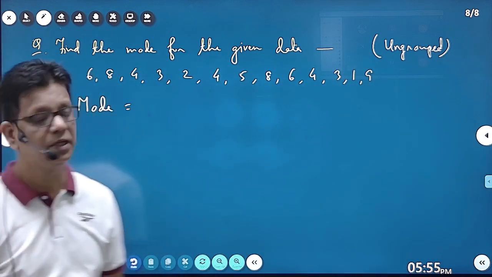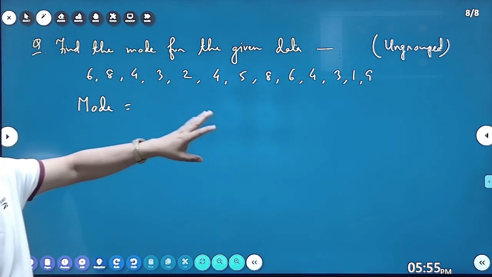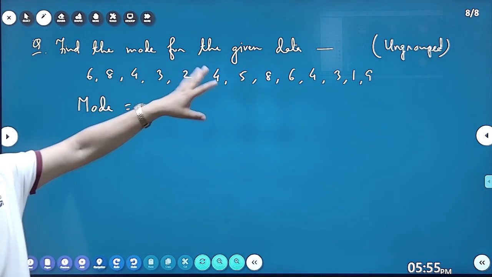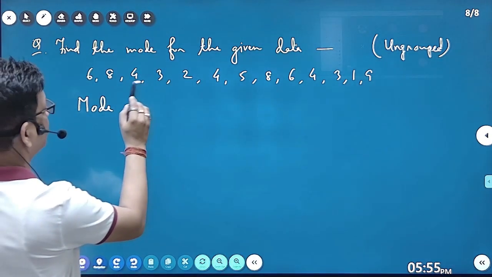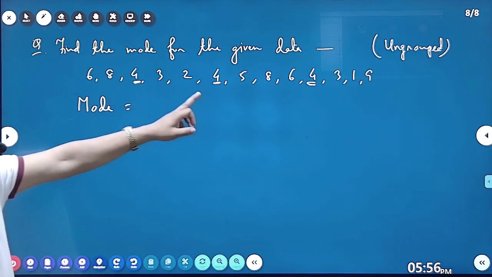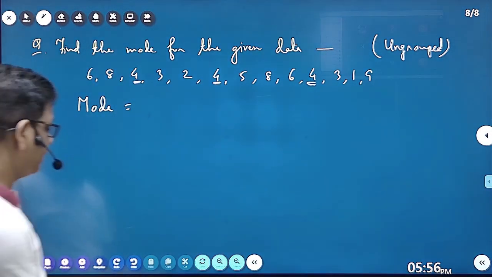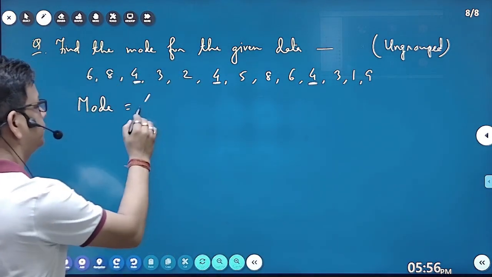Now this is very direct. The data which is coming maximum number of times here is the mode. So you can see I have written 4 one time, 2 times, 3 times. 6 how many times? 2 times. 8 also. So the data which is coming for maximum number of times is the answer, so 4 is the answer.